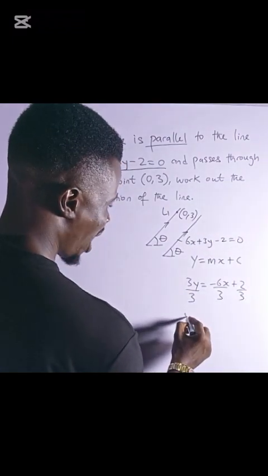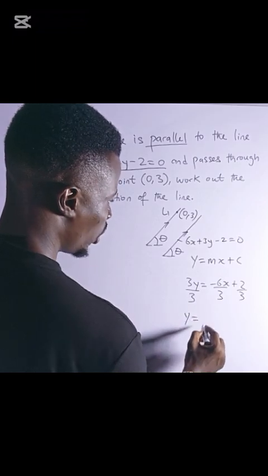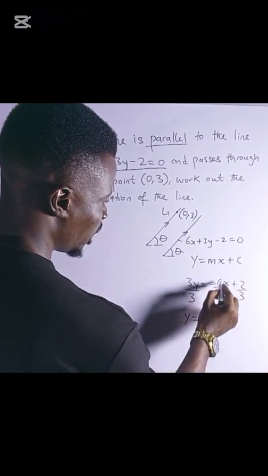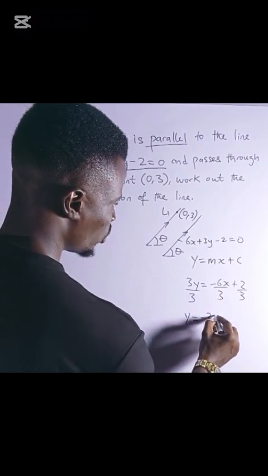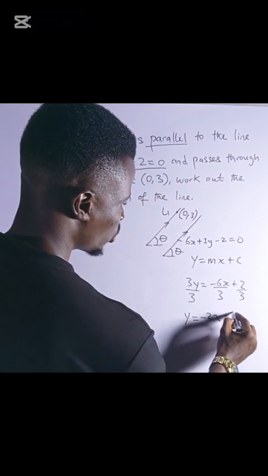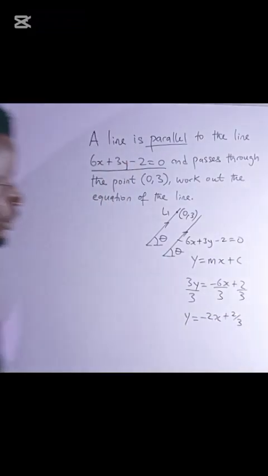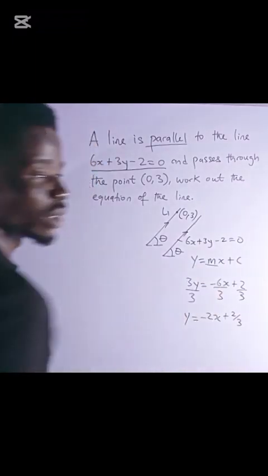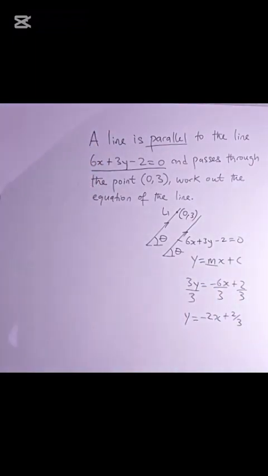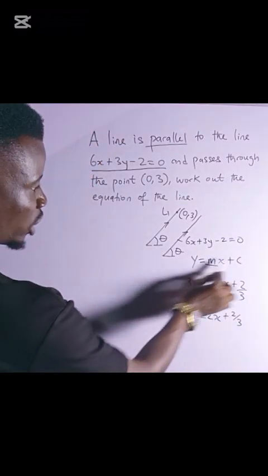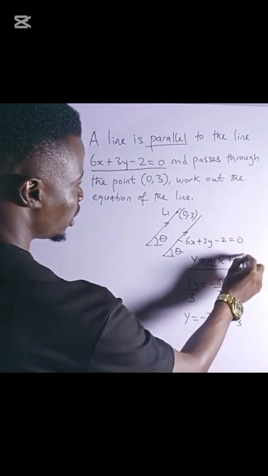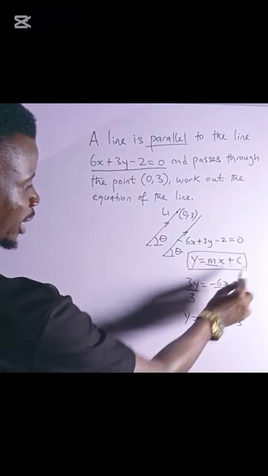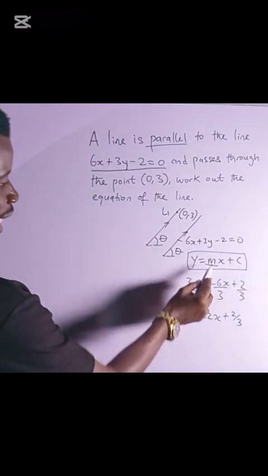So we have y equals, 3 into minus 6 is minus 2x, plus 2 over 3. Now, m is the gradient of a straight line. So now if you compare it with this general equation, y equals mx plus c, what's our m?